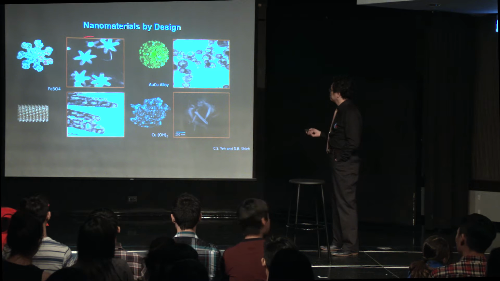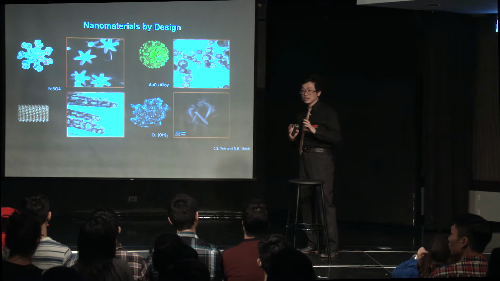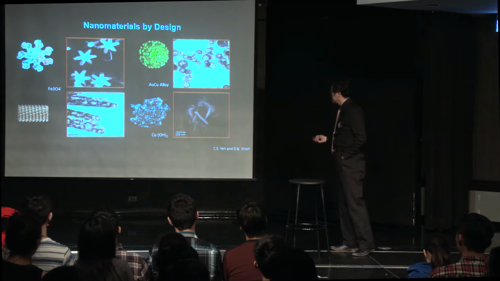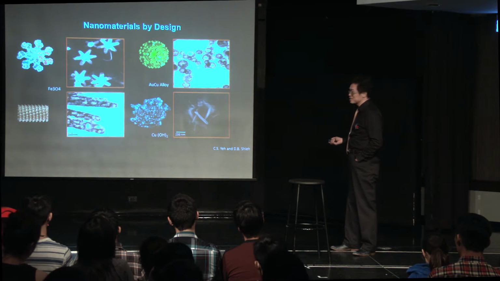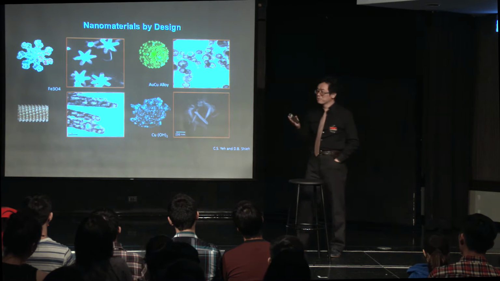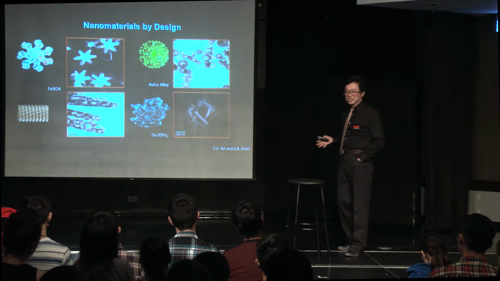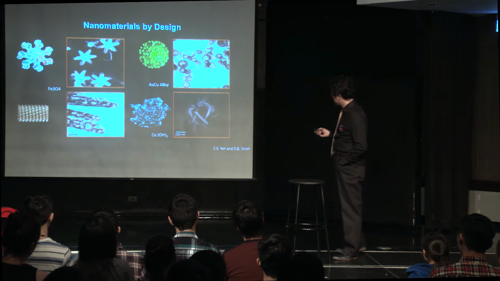Now, scientists can fabricate a lot of materials and also control their size at nanoscale. These are all the materials we made in my lab. Like this is a beautiful rose, which has only a size of 200 nanometers. Of course, you probably want to send it to your girlfriend, but you may need to send her an expensive electron microscope too.